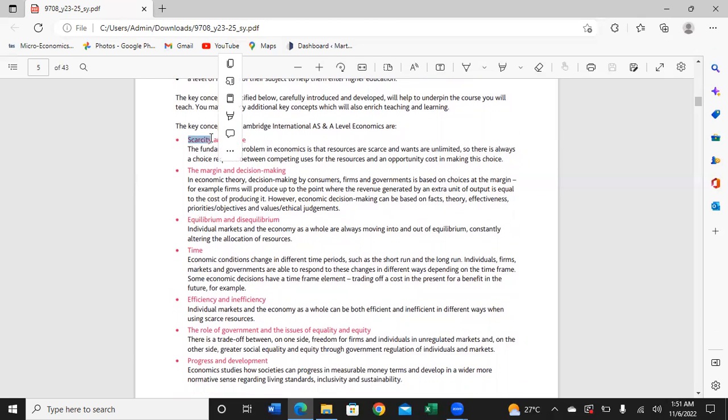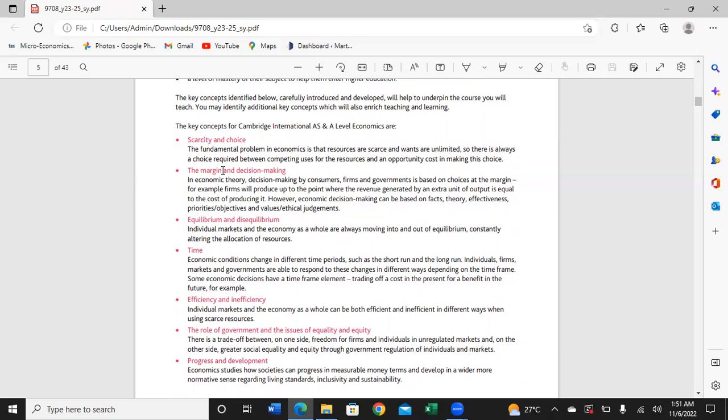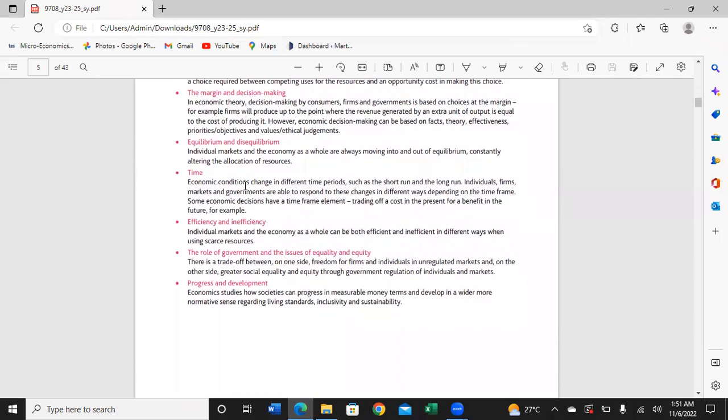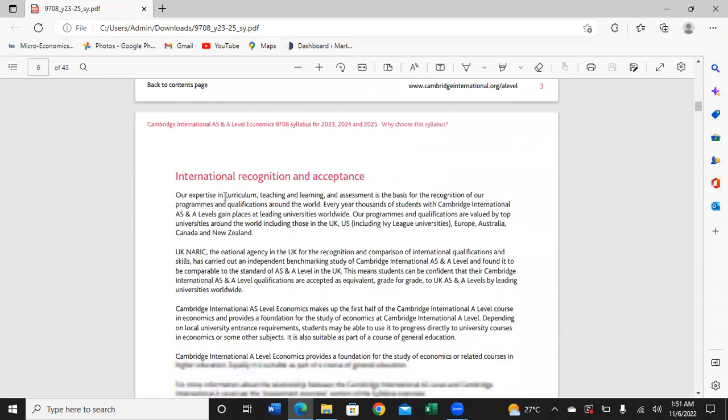You can find over here scarcity and choice, margins and decision making, equilibrium and disequilibrium. These are the key concepts. Time, like short run, long run, all these things where the knowledge can be applied related to the time period, efficiency and inefficiency, the role of government, and issues of equality and equity, progress and development.